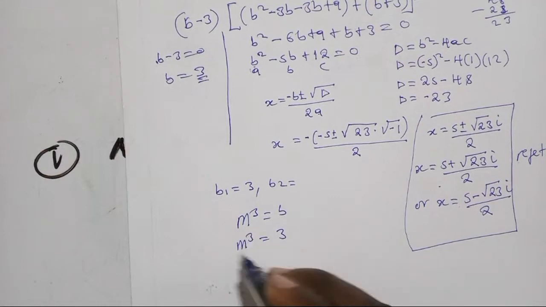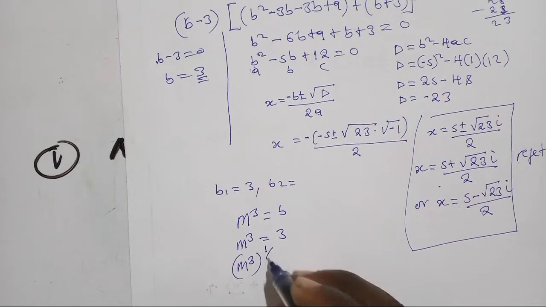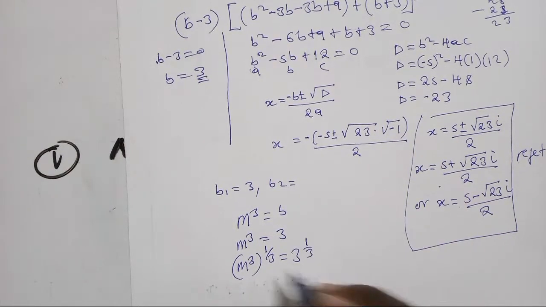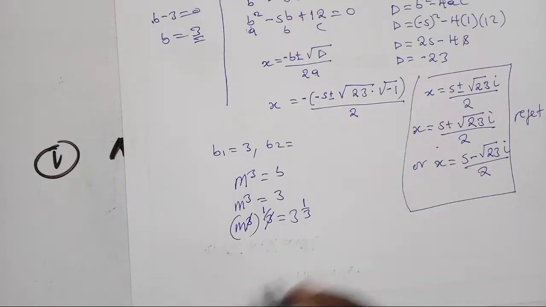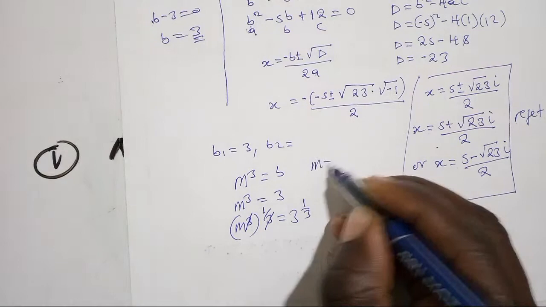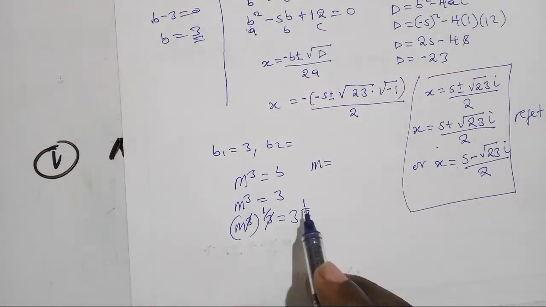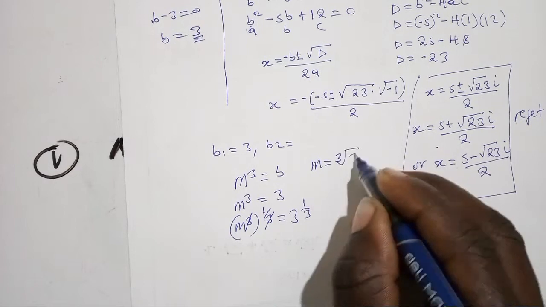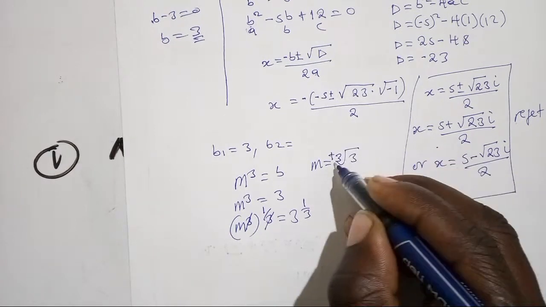Then now we are going to find the reciprocal of 3, in which it will be 3 to the power 1 over 3, both sides, in which 1 over 3, right? Then the powers cancel, we remain with m equals 3 to the power 1 over 3, which is the same as the cube root of 3, plus or minus.